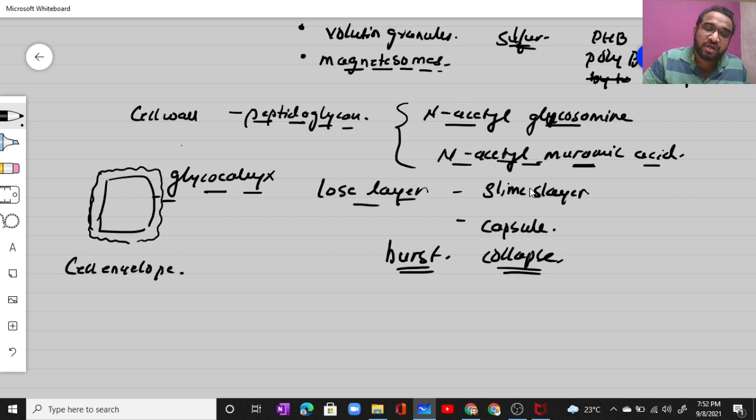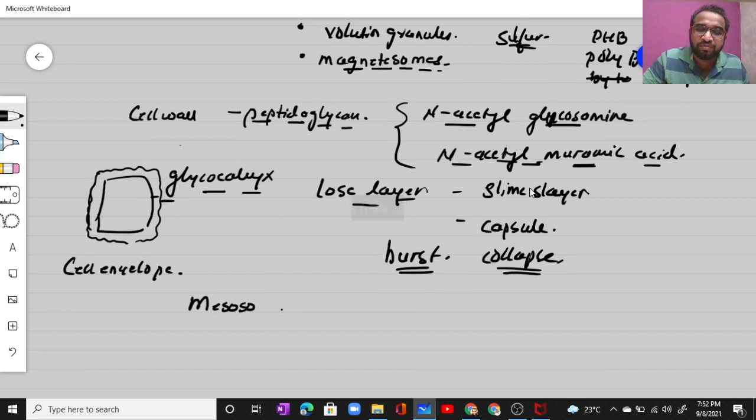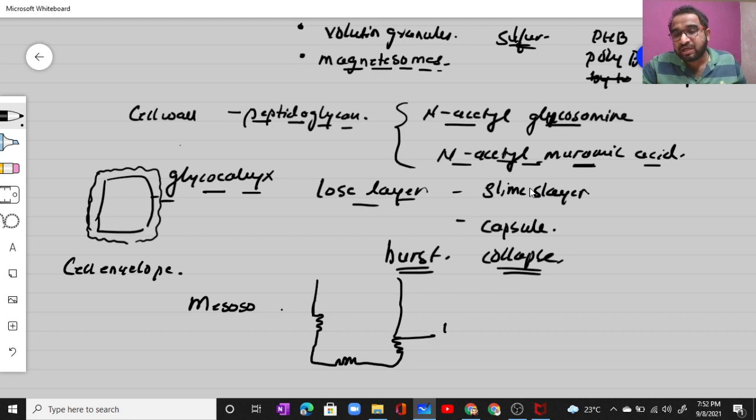Coming to the next point, the bacteria has one more structure which is called a mesosome. What is this mesosome? The plasma membrane of the bacteria has some infoldings. These infoldings are present at some particular regions, which are called the mesosomes. These mesosomes play a very important role. They help the chromosomal DNA during DNA replication.